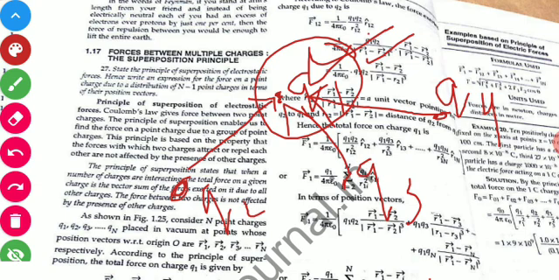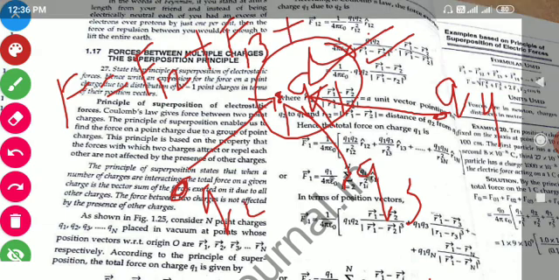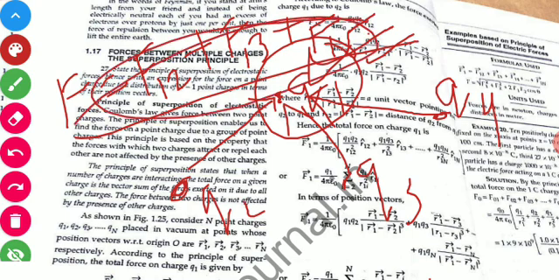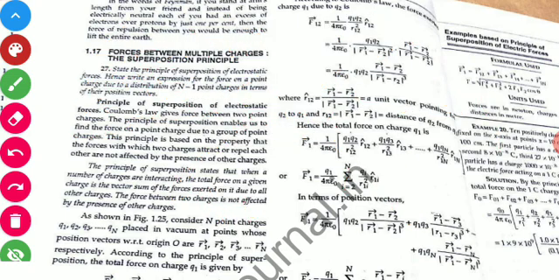For example, to calculate the force on q1, we have to add all the forces, that is, force applied by charge 2 on 1, plus force applied by charge 3 on 1, plus force applied by charge 4, like this. We have to add all the forces and this will give us the total force. So this is basically the principle of superposition.